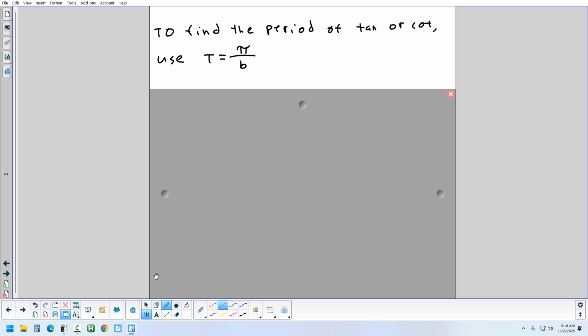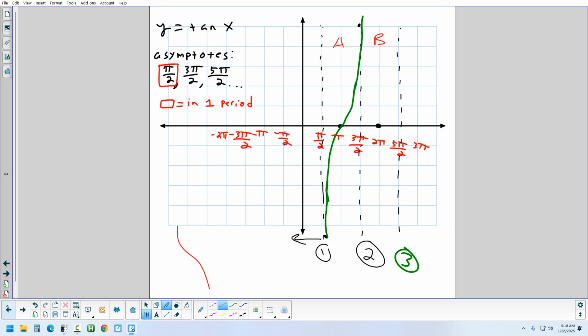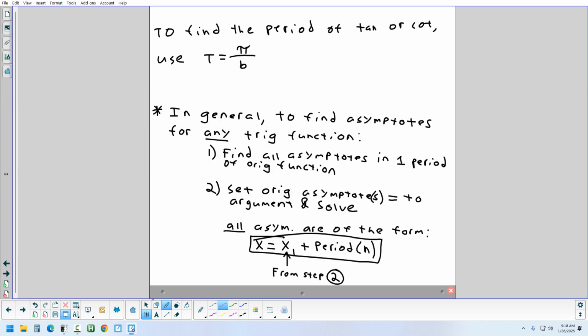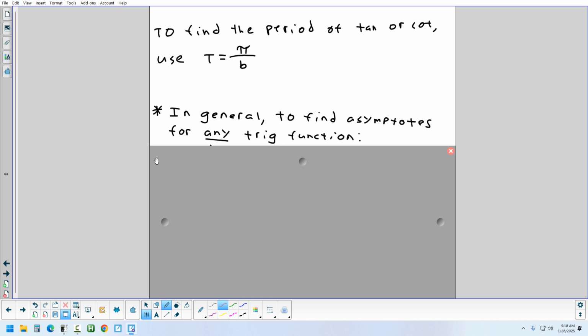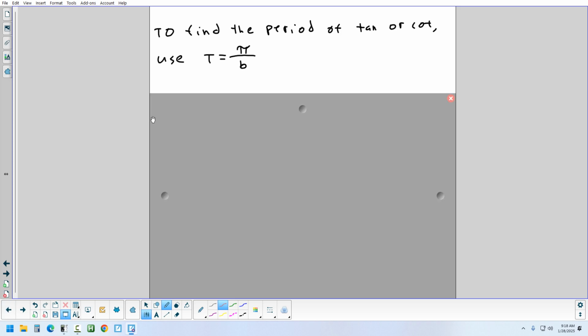If you don't do a transformation, you've got the asymptotes right there for cotangent, and you've got them right there for tangent. We're going to come back to how you find the asymptotes for any trig function in a little bit.